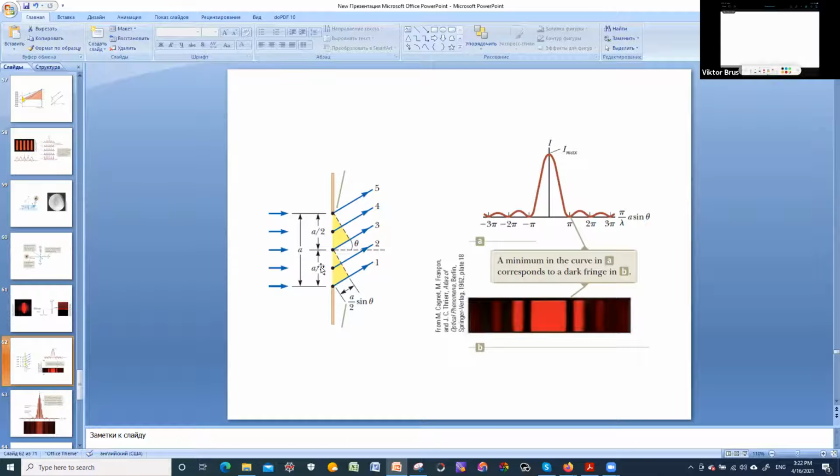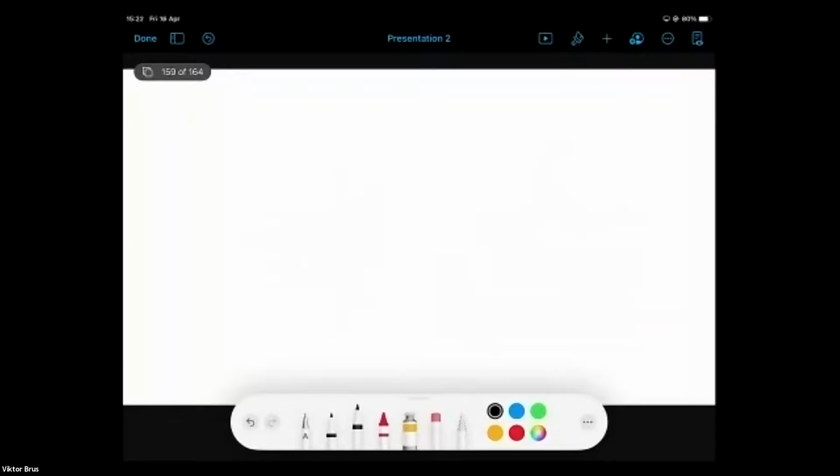So the condition for this we can write here: A divided by 2 times sine theta is equal to plus or minus lambda divided by 2.